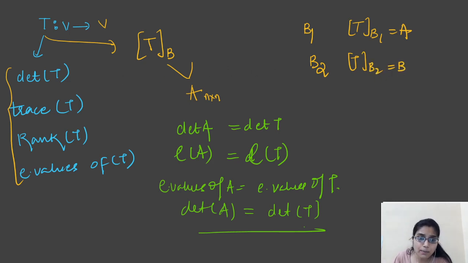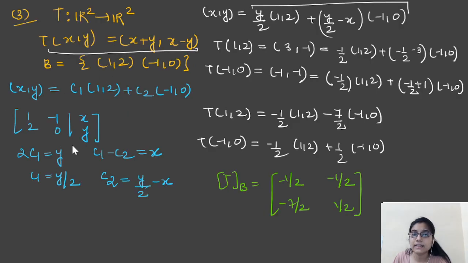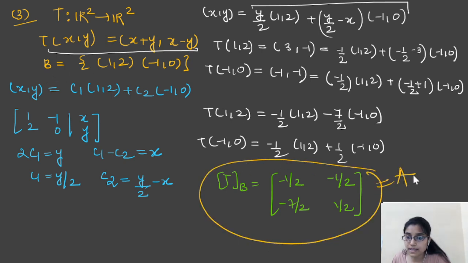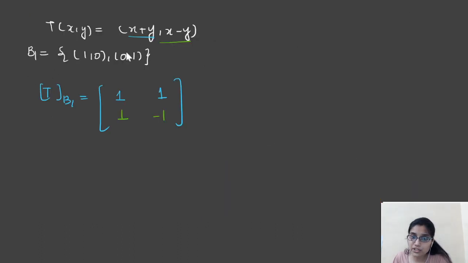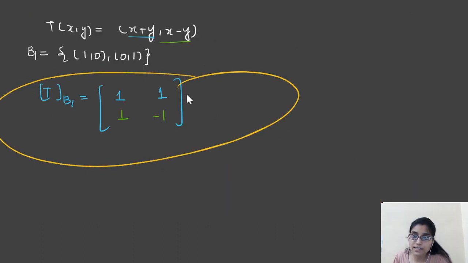And it is not such a big problem, we did a question a little while ago. We have T from R2 to R2, T of x comma y was x plus y comma x minus y, where this was the basis. Then we got this as the matrix, suppose this is A. And then in the same question I gave you the standard basis, and the matrix that we get is this. See, both the matrices are different.